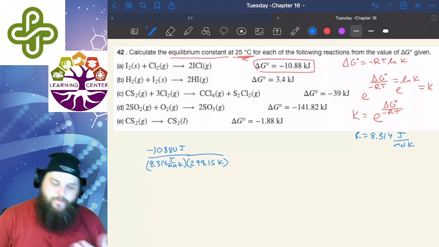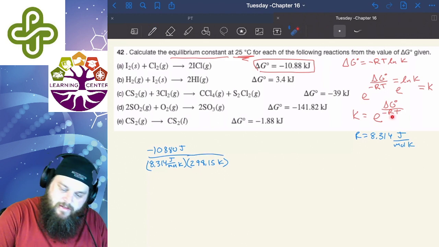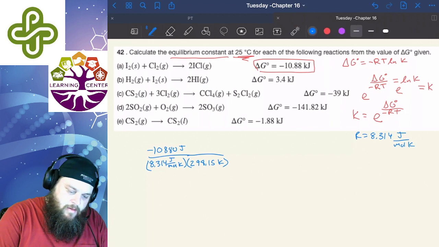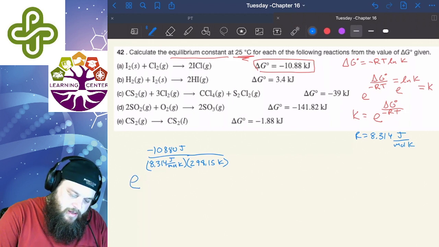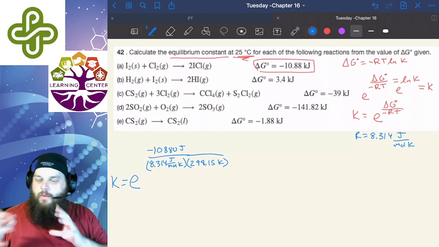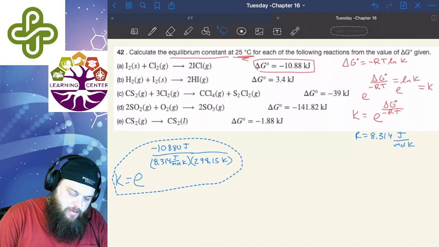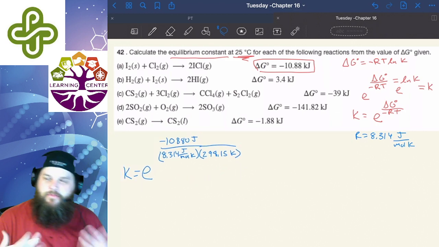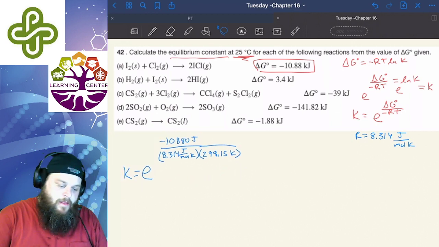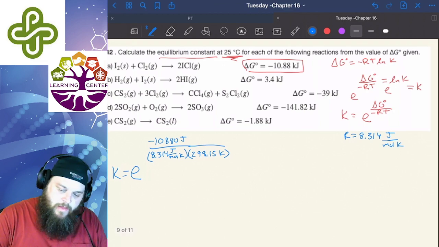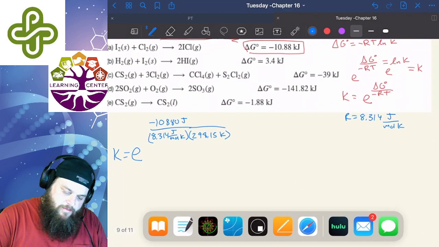Now we have that fraction that's the same as this exponent here, and we just take that to the power of E, and that's equal to K. I'm going to work my way from that fraction backwards to make it a little easier to write, because I always end up writing everything too big in the fraction. And then we just have to plug it into our calculator.